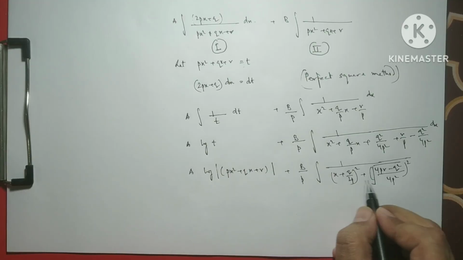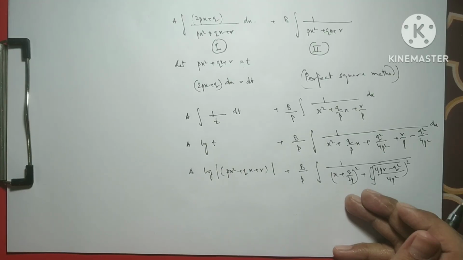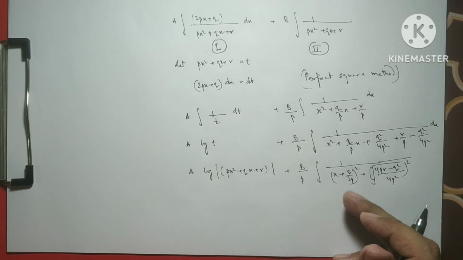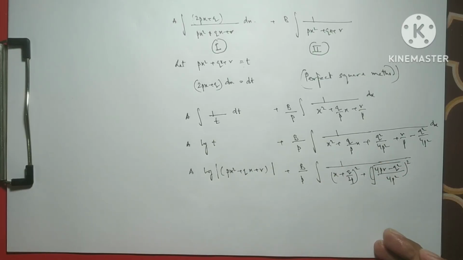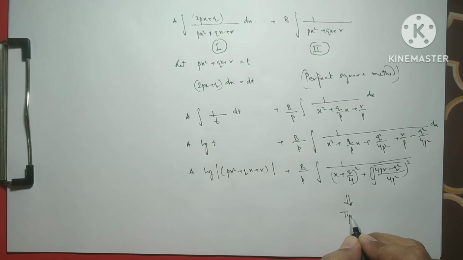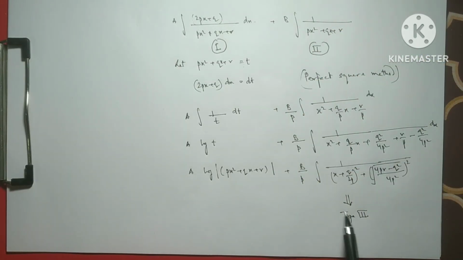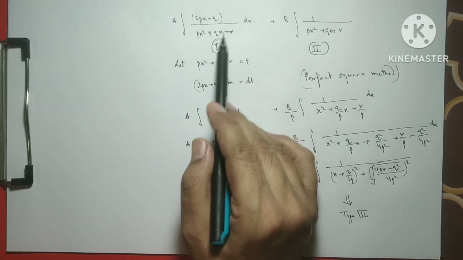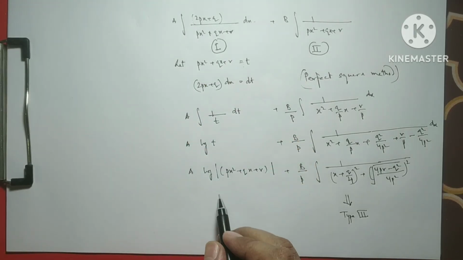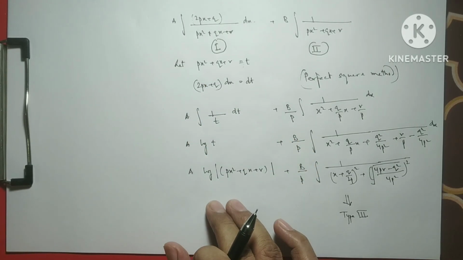So we can see easily these are the two squares, and we can use the formula of tan inverse, so this will be converted into that. So this is type third. As we have discussed in earlier class, you can solve this problem as type third, and this is the advanced part which is required in type fourth.